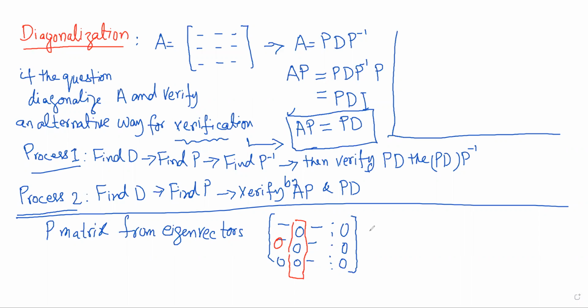So for example, if you get a matrix something like this, let me show you.